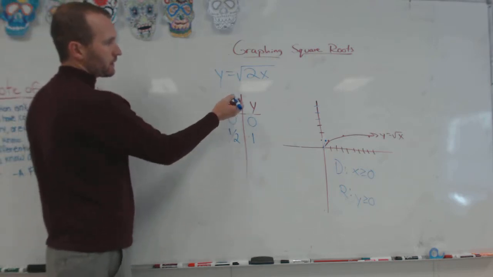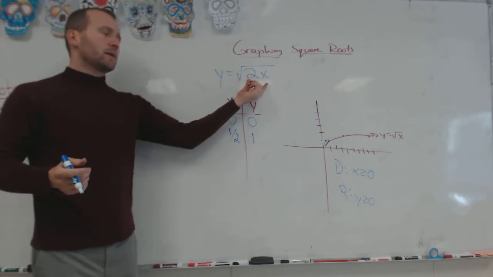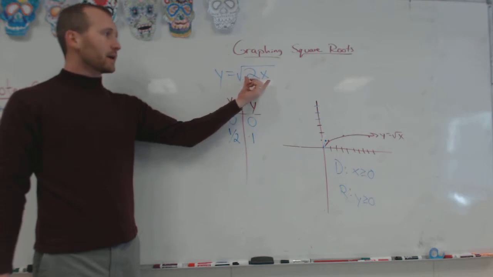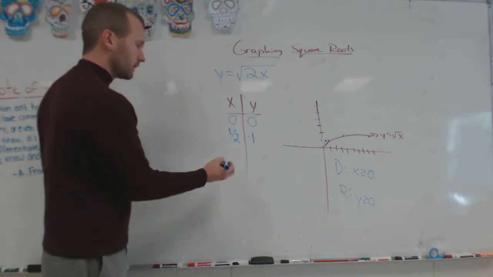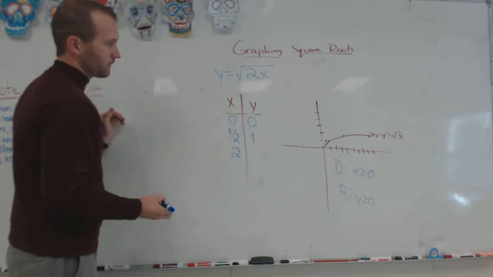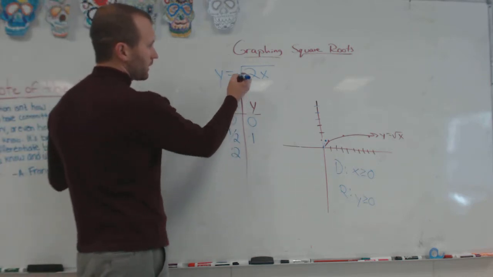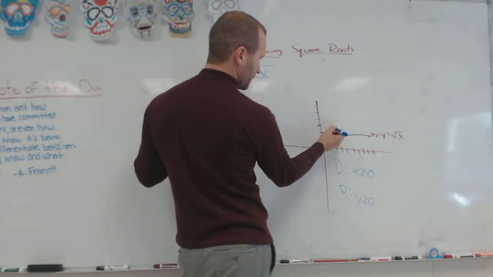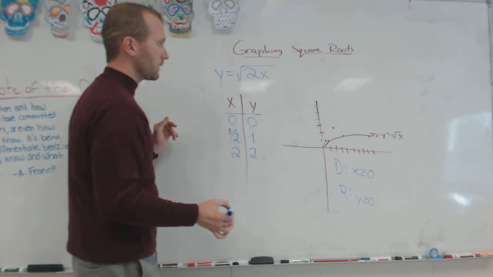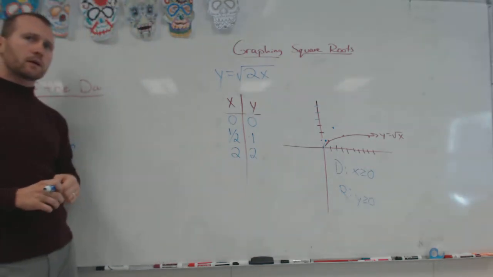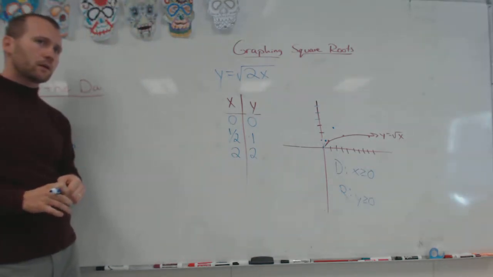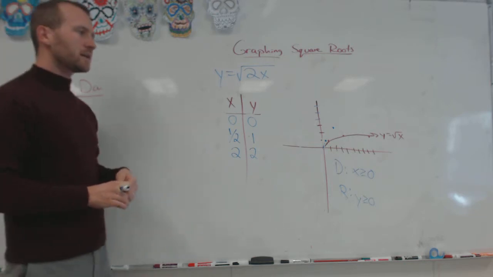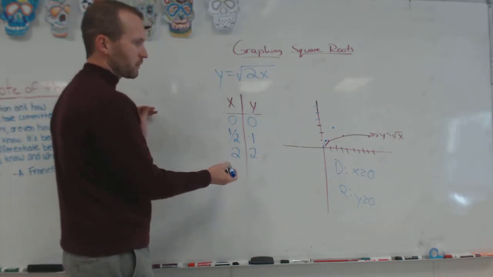And what if I want the next possible perfect square argument, which is 4? How do I get this to be 4? X would have to be 2. 2 times 2 is 4, and the square root of 4 is 2. So now when I'm at 2, I've got 2. What's going on here? Let's do one more point.